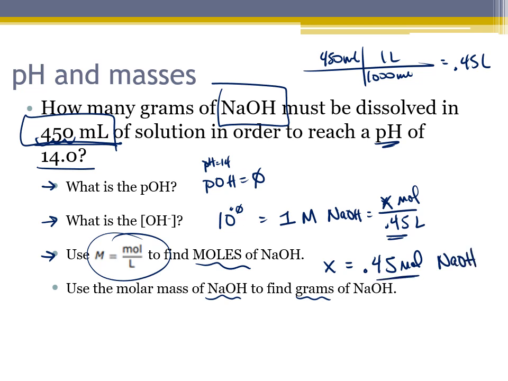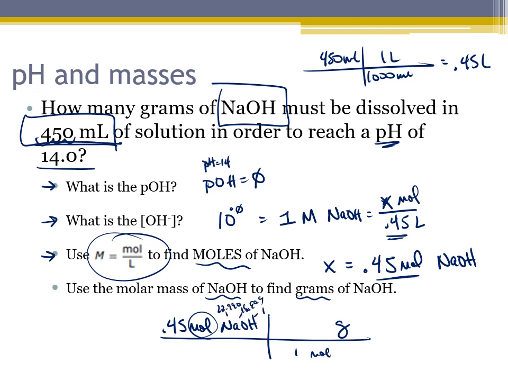Turn those moles into grams. 0.45 moles of sodium hydroxide. We know that with moles on top, I want to put moles on the bottom, grams on the top. Sodium is 22.990. Oxygen is 15.999. Hydrogen is 1.008. That adds up to a grand total of 39.997.